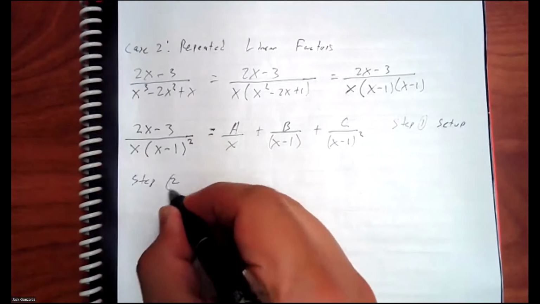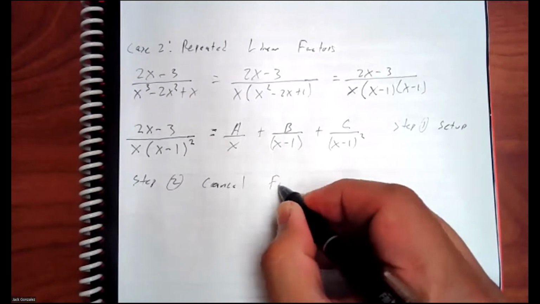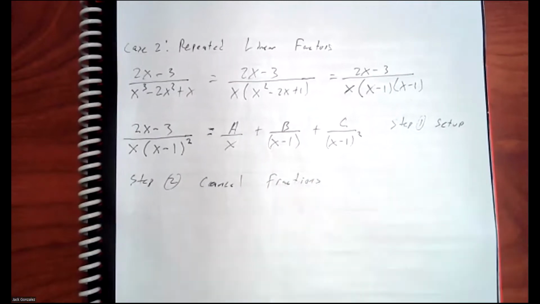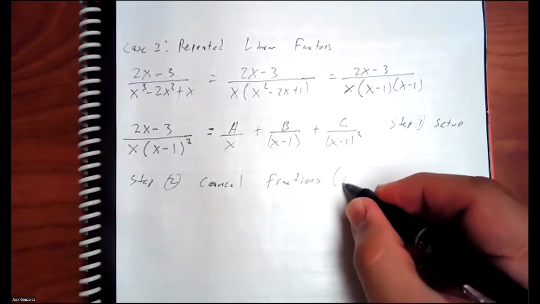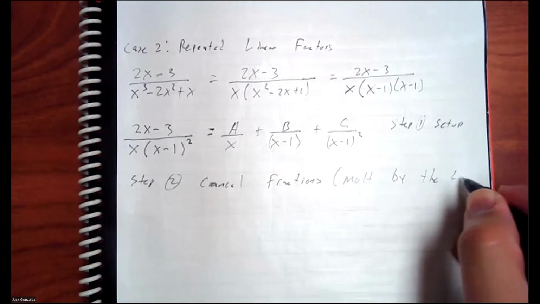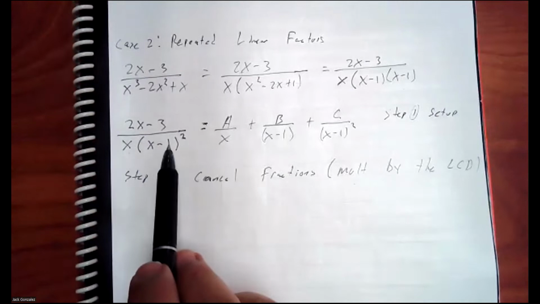Step 2, cancel fractions. Multiply by the LCD. And we said it's always going to be whatever's over here, right?